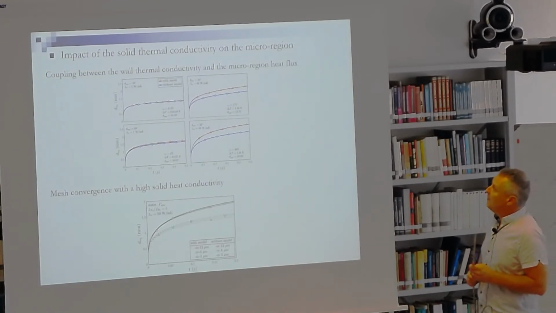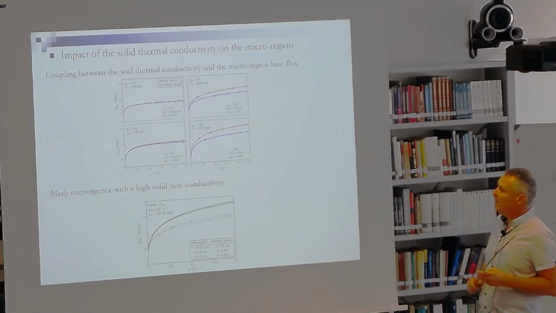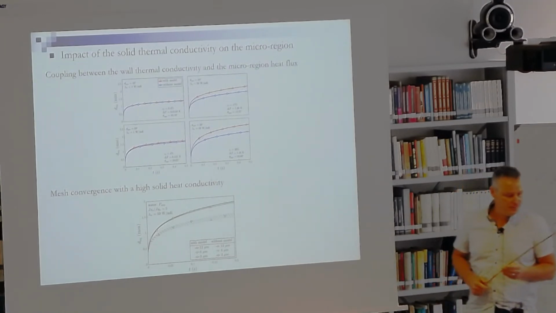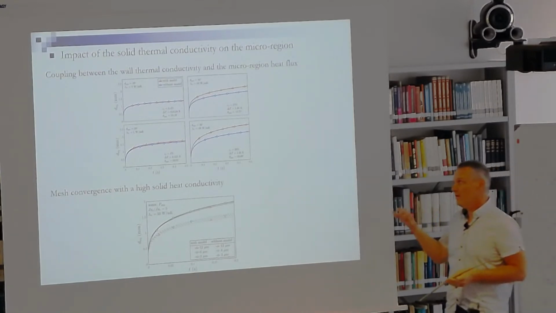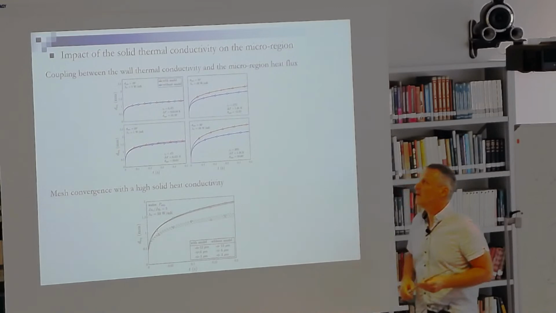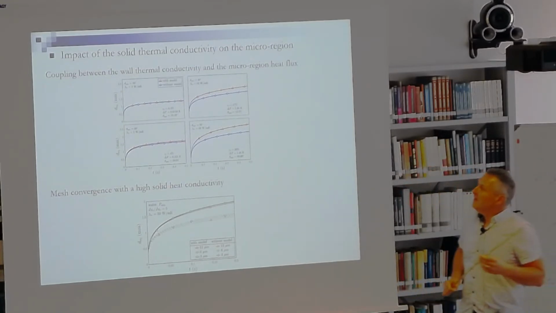Okay, before talking further about the accommodation coefficient, I will talk here on the strong impact of the thermal conductivity on the microregion. We saw the coupling between the solid wall and the microregion in the previous slides.